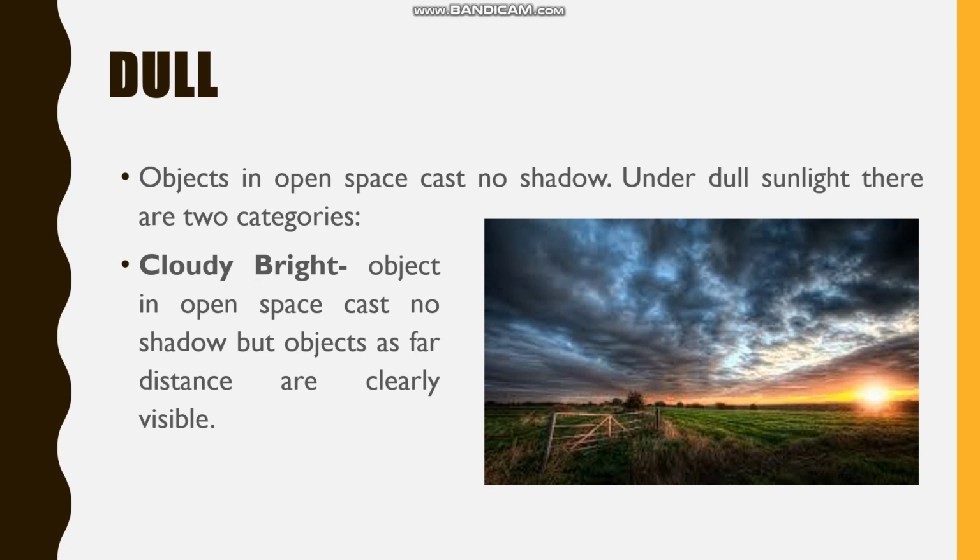Yung mapapansin natin minsan na the sun is shining as bright, but it is covered with a thick moving clouds. So, walang araw, di ba? Yung minsan yung feeling natin na hindi naman paulan, pero walang araw. Kaso, talagang makapal lang yung ulap. Kaya walang liwa-liwanag gaano, and then walang shadow na lumalabas sa mga object natin or yung shadow mo mismo.